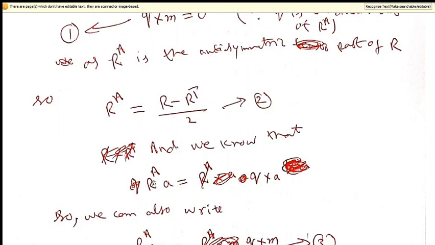R is the antisymmetric tensor, A is any vector, and Q is the dual vector, as we are saying in the problem that we are denoting our dual vector with small q. So RA equals Q cross A.